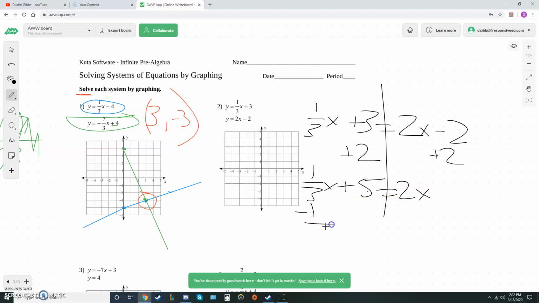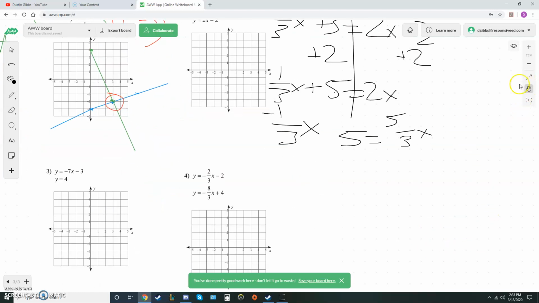You are going to subtract that 1/3 x to get 5 equals 5/3 x.